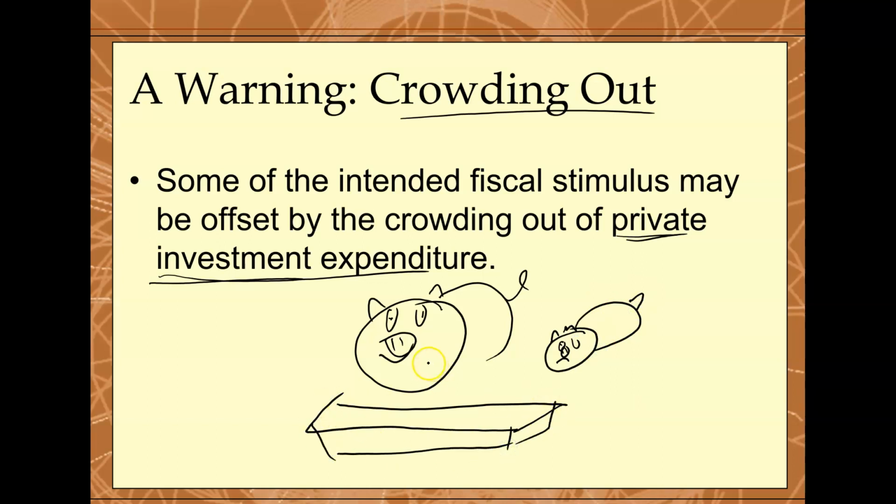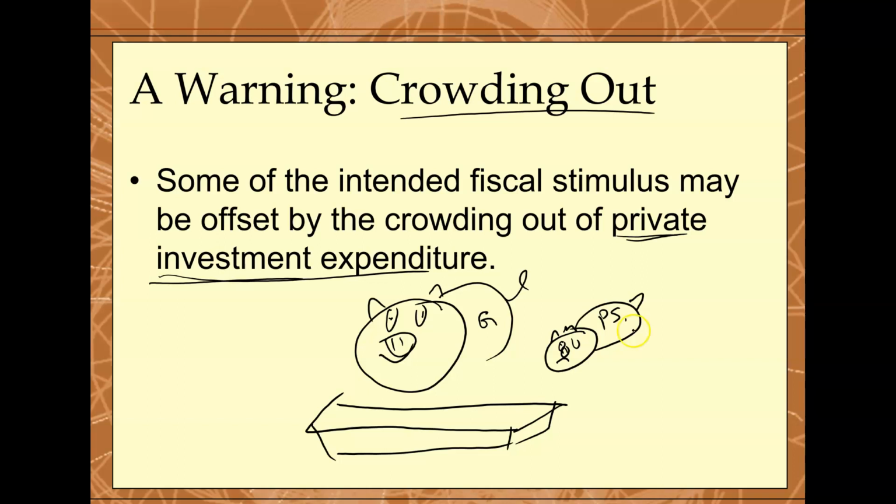Now, the big pig eats first because he's a bigger pig. Whatever's left, the small pig gets. Well, this is a good example of the government and the private sector. The reason why the government is the big pig is because the government will borrow money regardless of the interest rate. So if interest rates are high, the government will still borrow money.